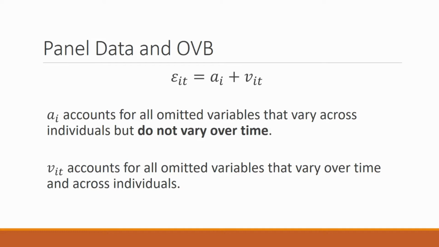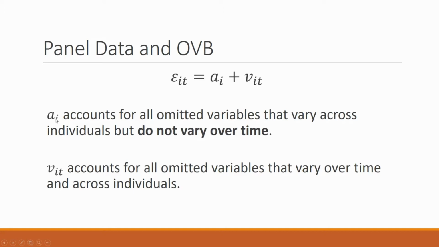That means if you go from 2015 to 2018, the male in 2015 is also a male in 2018. The female in 2015 is also a female in 2018. So this AI accounts for all the variables that are like that. All the variables that change between people, that may be different between people, but do not change over time. All right, so AI accounts for that.